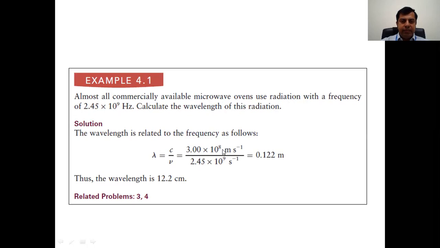The speed of light is 3 times 10^8 meters per second, and the frequency is this. When you calculate, it comes out to 0.122 meter, and this is the distance of the wave, or the wavelength. You can further convert into centimeters, or even put in 3 times 10^10 centimeters per second, and it will directly give you the value 12.2 centimeters.